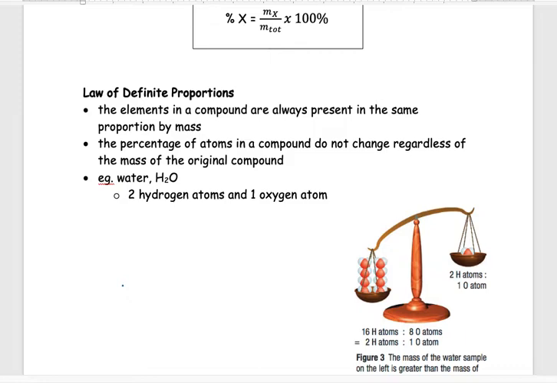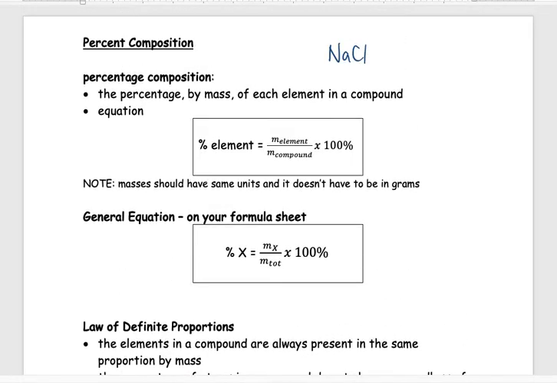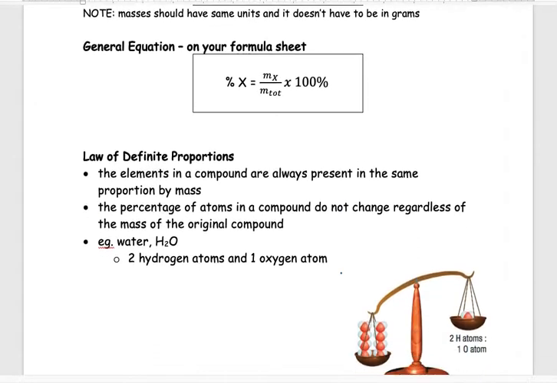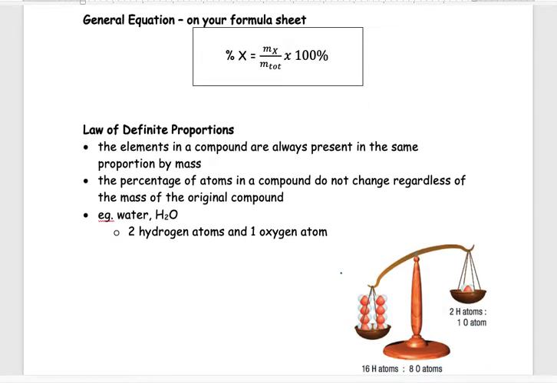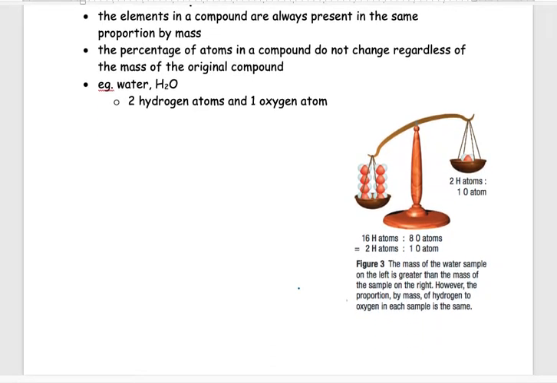In the end, it's still a sodium-to-chlorine 1-to-1 ratio, and sodium always brings 22.99 mass and chlorine brings 35.45 mass. It's still going to be proportional, so even with a much greater sample, you're not going to get different percentages.